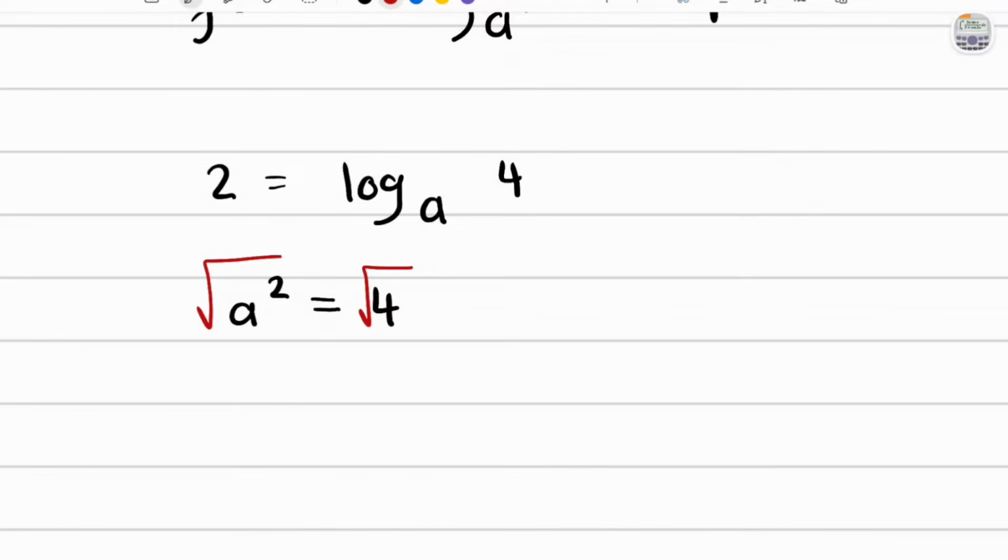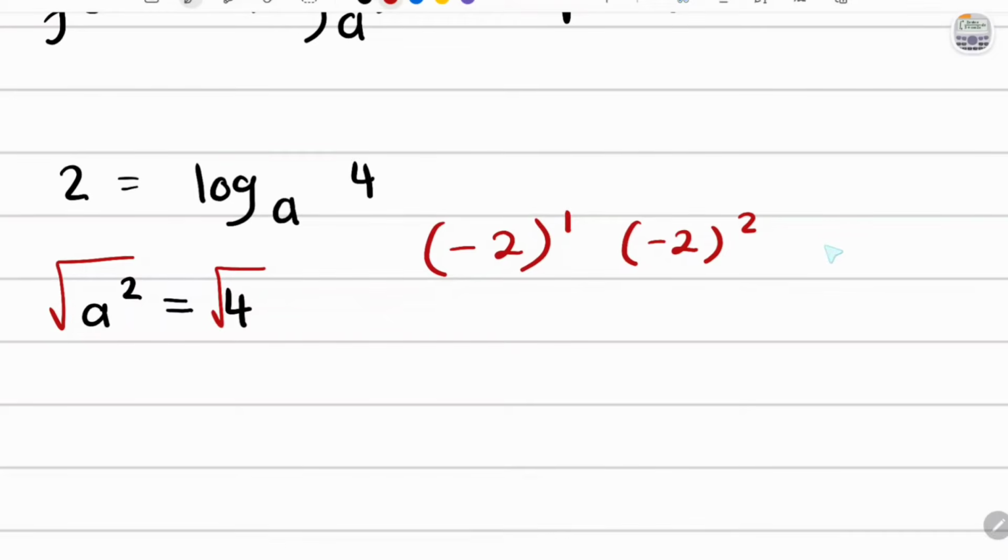But we don't. And the reason why is because if you have a negative base, let's say you have something like negative 2 to the power of, let's just try three numbers quickly. Negative 2 to the power of 1, negative 2 to the power of 2, and negative 2 to the power of 3. Negative 2 to the power of 1 is negative 2. Negative 2 to the power of 2 is positive 4.